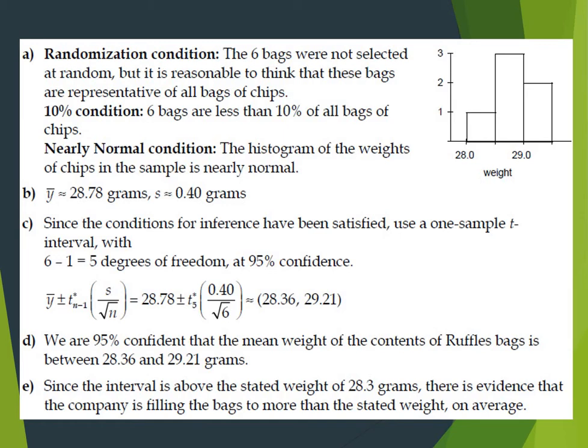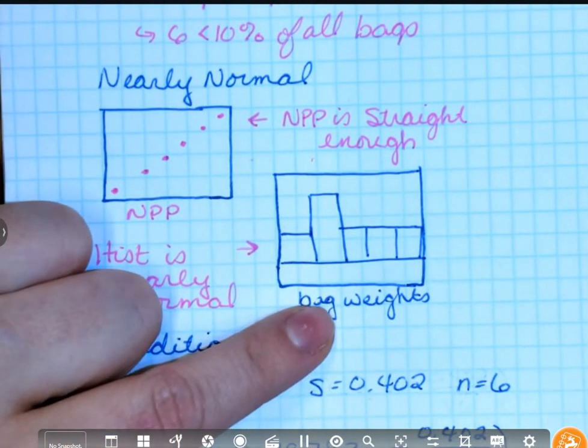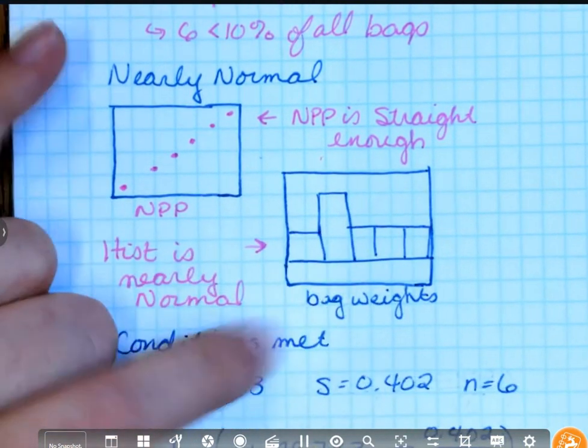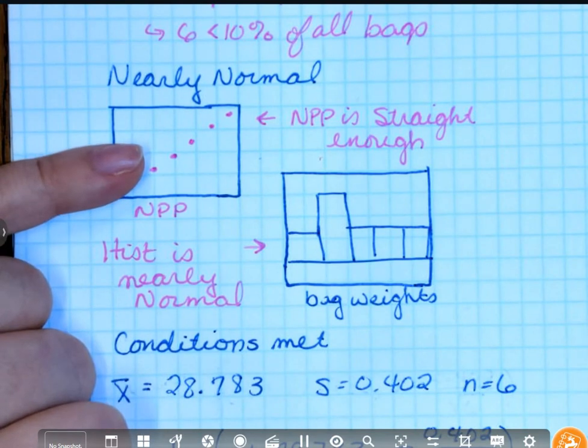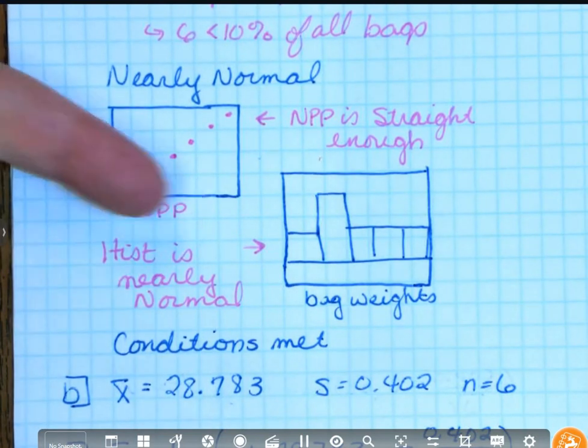We're okay? All right. So the only little thing that I've tacked on here was the idea of the NPP plot. How many of you prefer the histogram? NPP plot? Couldn't care less? Okay, thank you for being honest. All right, I am lazy. I like to do the easiest thing possible, so I'm going to go with the NPP.